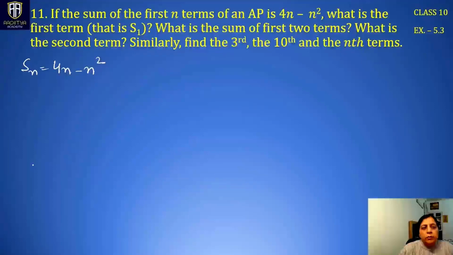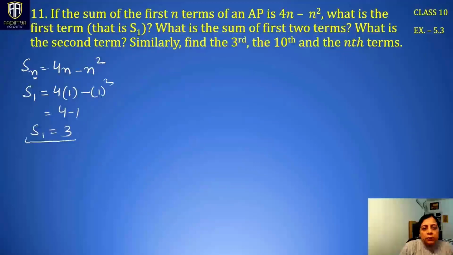Now in this case, if the sum Sn is denoted by 4n minus n square, what is the first term? S1 means, in case of one term, the term itself represents the sum because we take only one term. So S1 is equivalent to the first term. Replace n by 1. So we have 4 times 1 minus 1 square. This is 4 minus 1, which is 3.